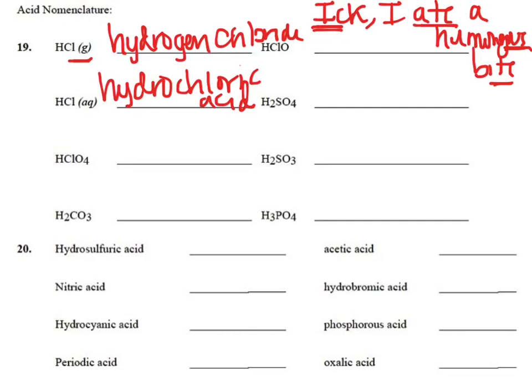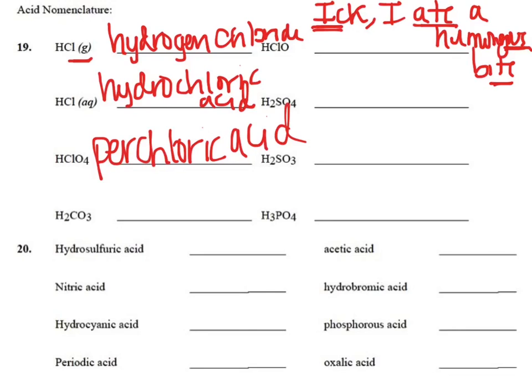All right, so perchloric was perchlorate. So ic, I ate a humongous bite. So ClO4 is perchlorate. Perchlorate becomes perchloric acid.